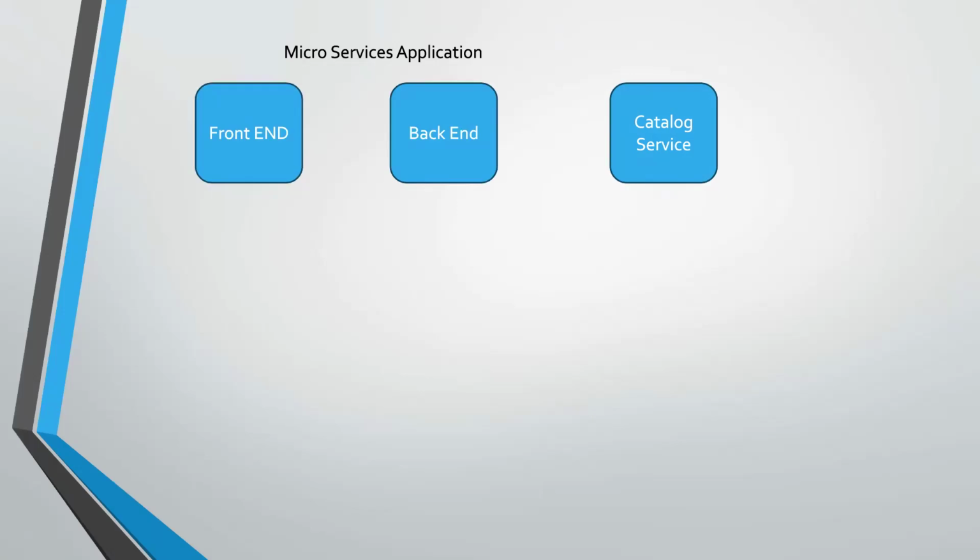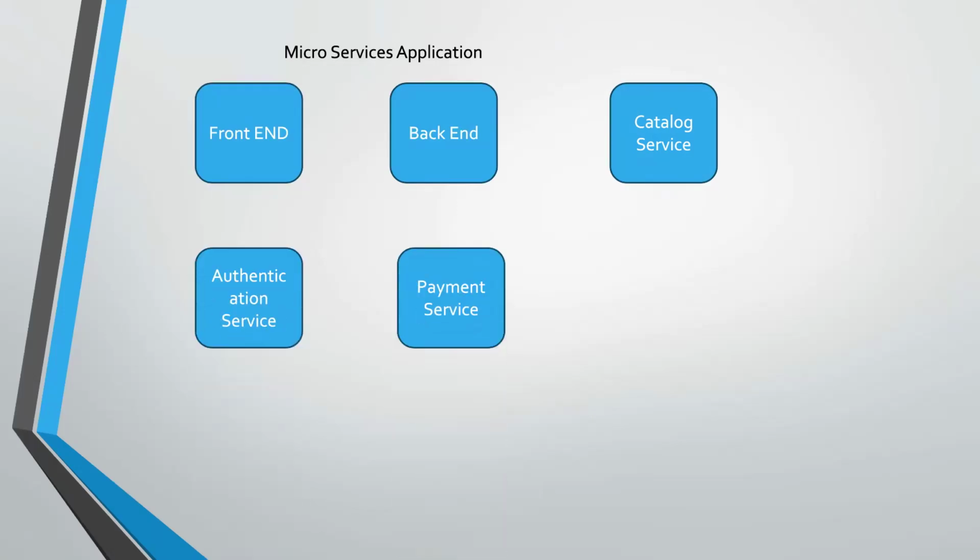And some examples are a catalog service, an authentication service, a payment service, and a logging service. These are simple examples of modules. When you join each and every module, it becomes a shopping application, which consists of different pieces of modules.